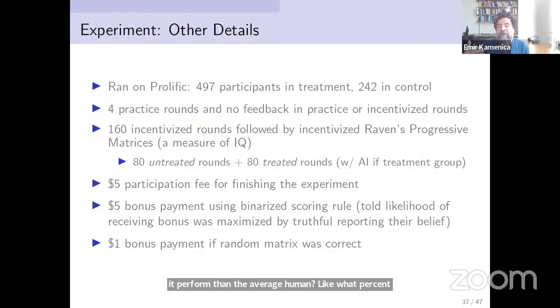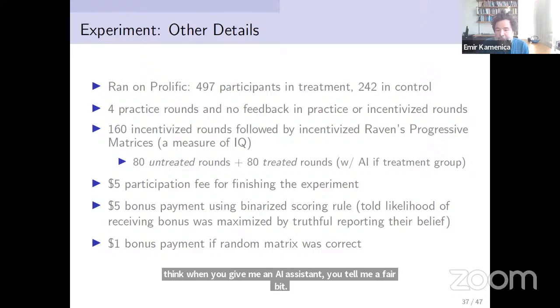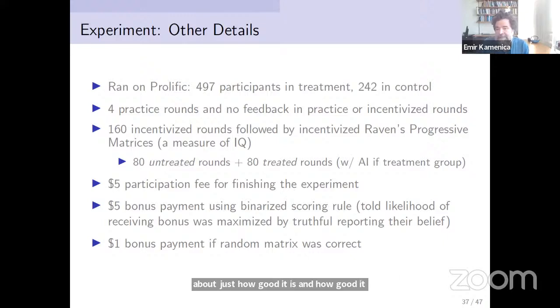To the extent that you want to be citing Autor and Acemoglu and think of this as being about genuinely integrating this in the labor force, you'd think when you give me an AI assistant, you tell me a fair bit about just how good it is and how good it is relative to others, because I'm going to condition a lot how much I rely on it depending on these numbers, which now I have such a diffuse prior over.